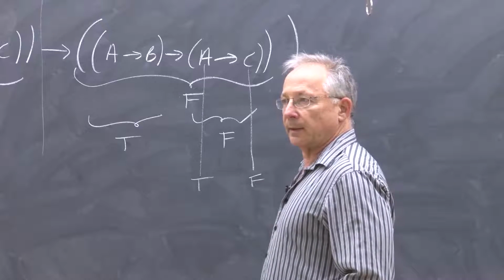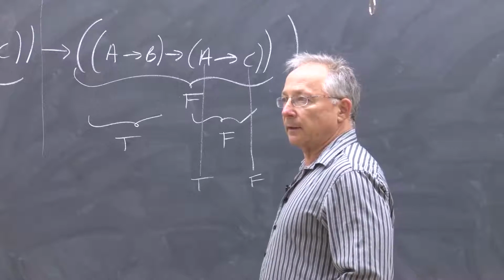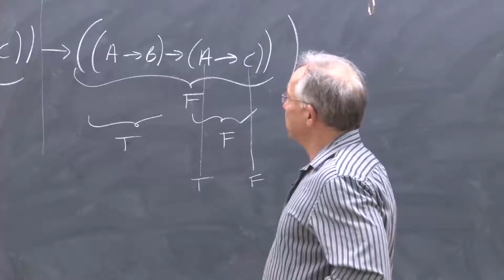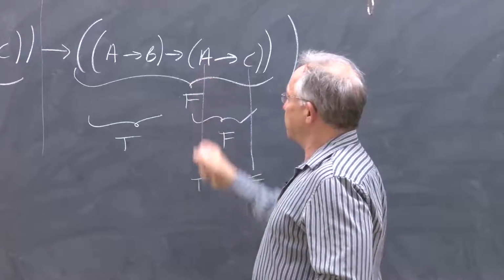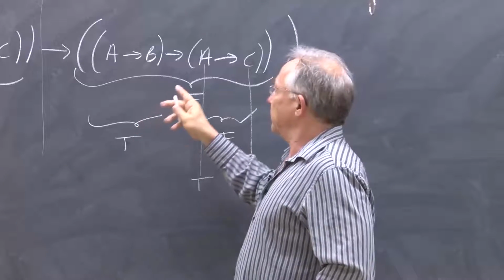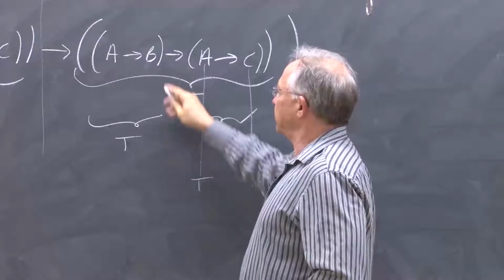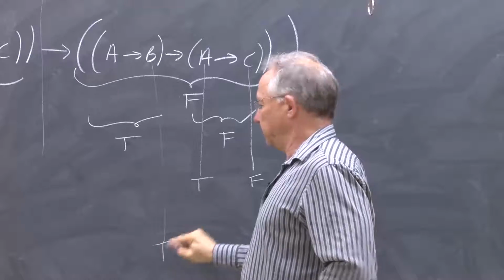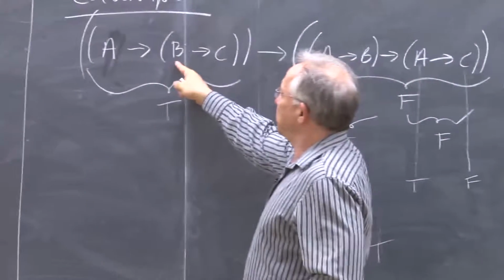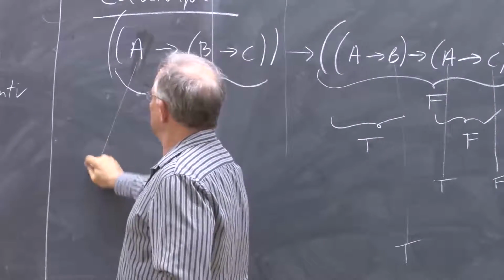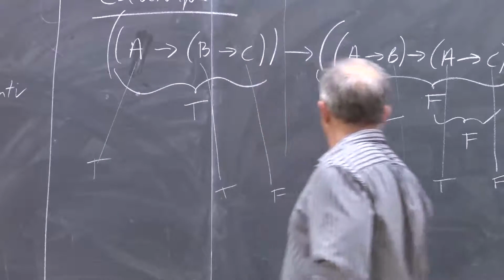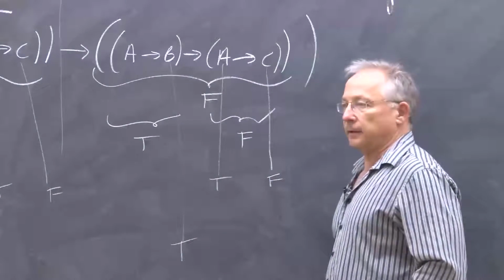Right? And then we can trace it back. So A was true, and we want this to be true. So if this is the case, then B should have been true. But now we know that A should be true, and B should be true, and C should be false, because this is what we concluded here.